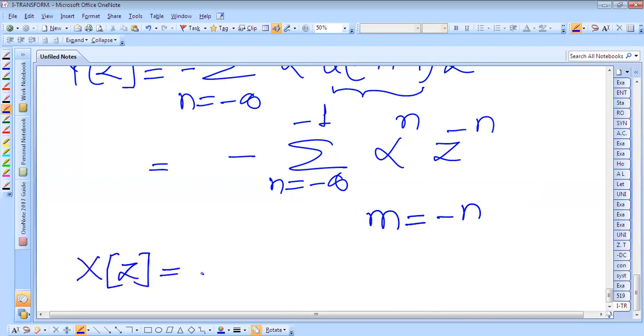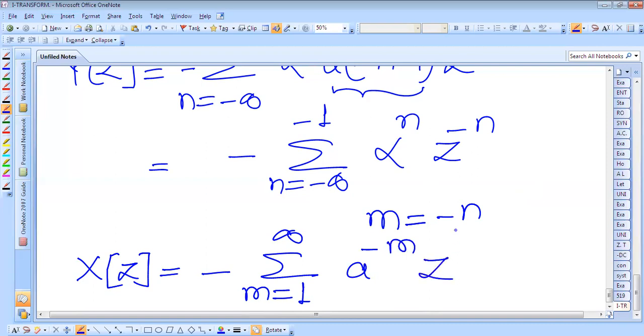Therefore X of z is equal to minus summation m equal to 1 to infinity a raised to power minus m into z raised to power m.